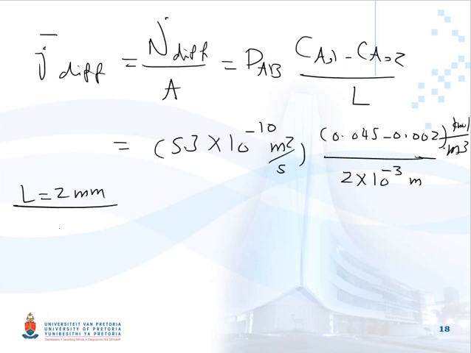So in that case, J diffusion is equal to 1.14 times 10 to the power of minus 8 kilomole per square meter second.